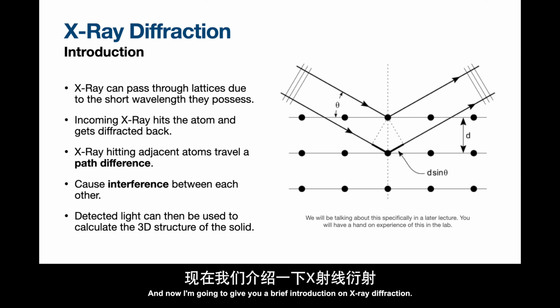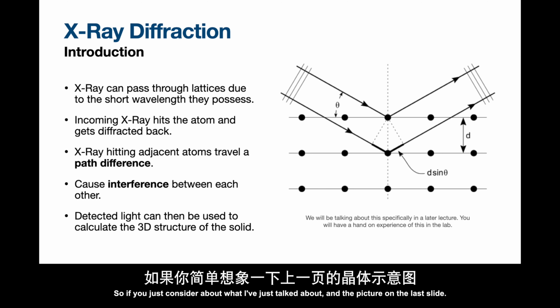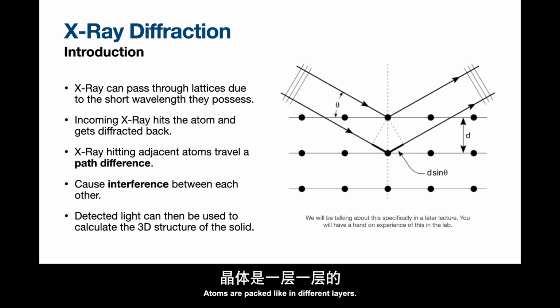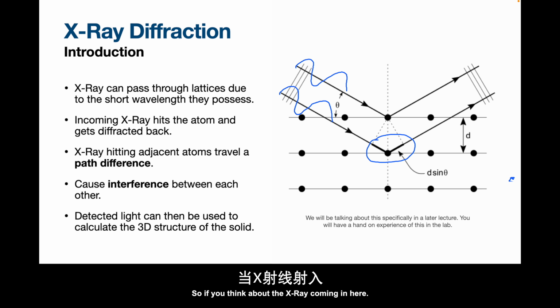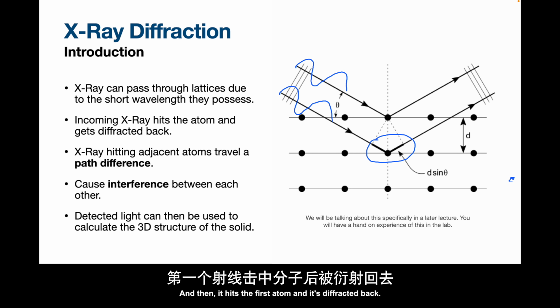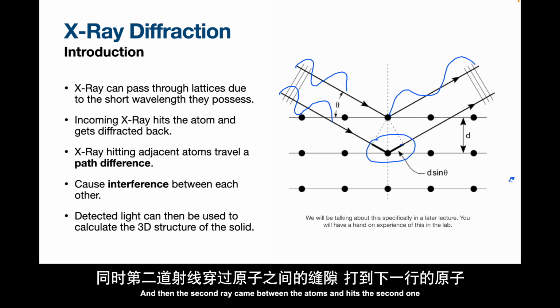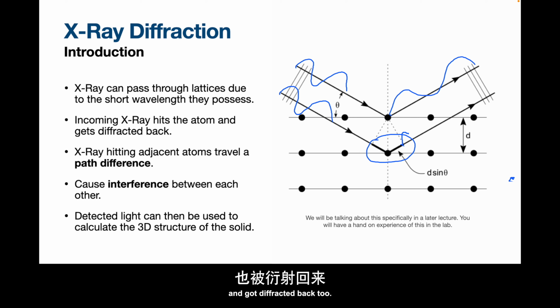Now I'm going to give you a brief introduction to X-ray diffraction. Consider what I've just talked about and the picture I showed on the last slide: the atoms are packed in different layers. Think about an X-ray coming in here, hitting the first atom, and getting diffracted back. Then the second layer's ray goes between the atoms, hits the second one, and gets diffracted back too.